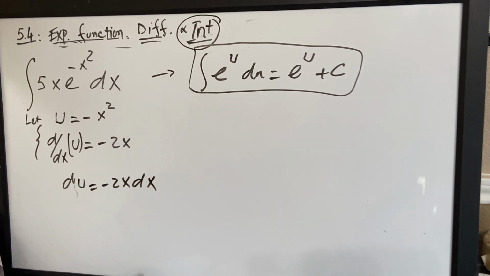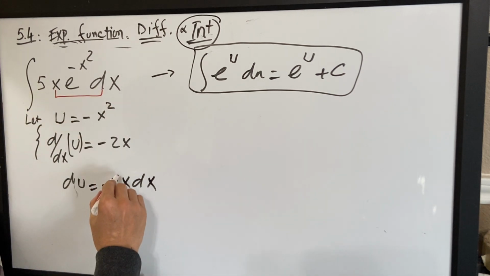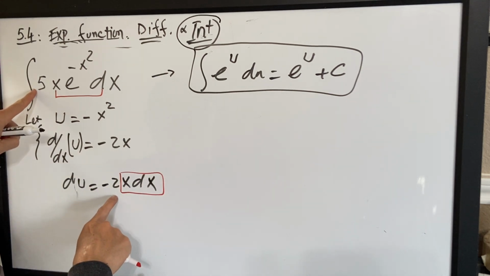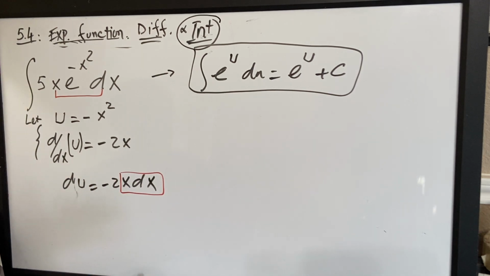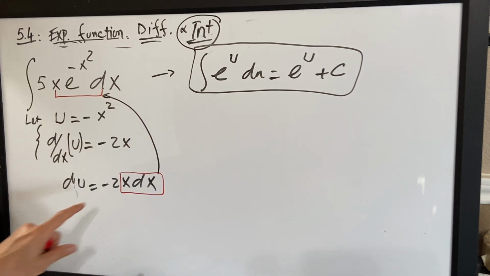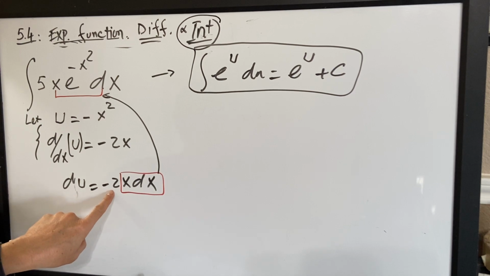Does anybody see something right here? Ha! Guys, look. I have x dx. I have x dx. And I don't care about 5 and negative 2 because those are constants. I can just bring them out. Do you see what I see, guys? I see x dx, x dx. So I don't need negative 2, do I?